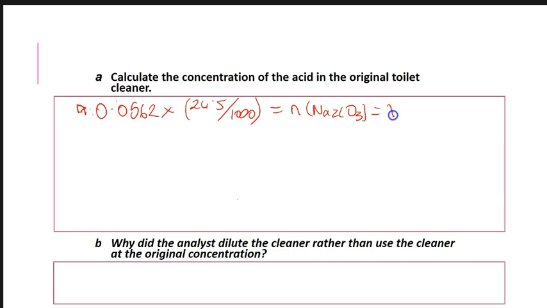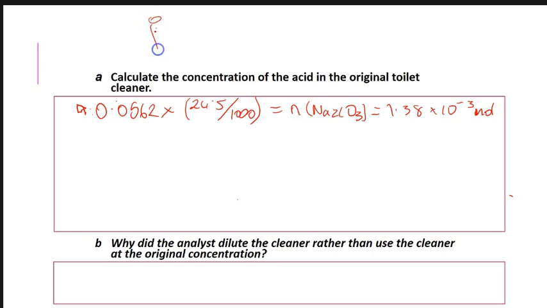So it's going to be 1.38 times 10 to the negative 3 moles, so a nice small number of moles. So that was the amount of sodium carbonate that it took to neutralize what was in the conical flask.